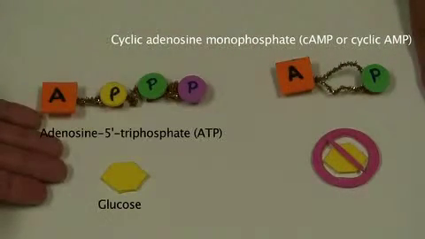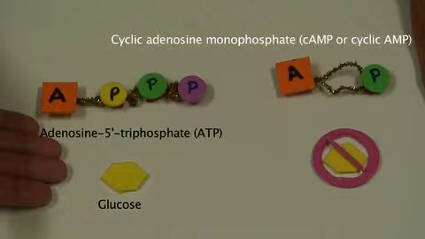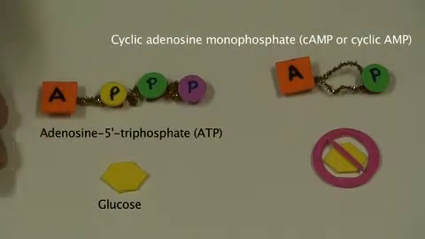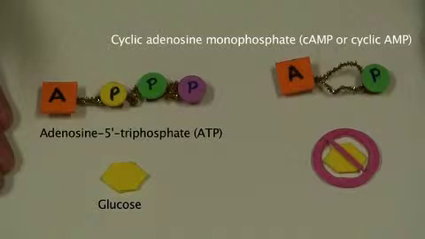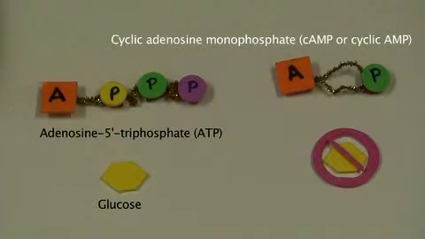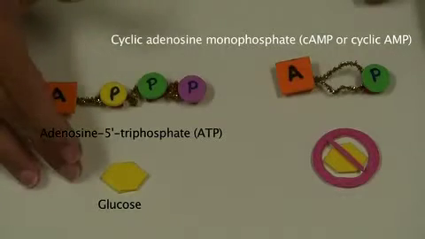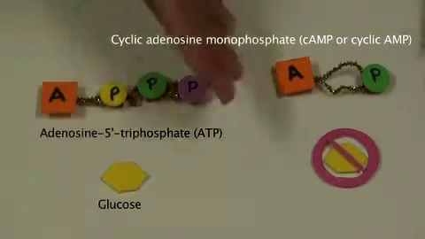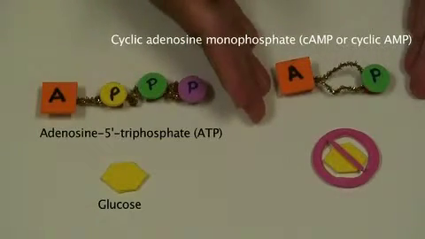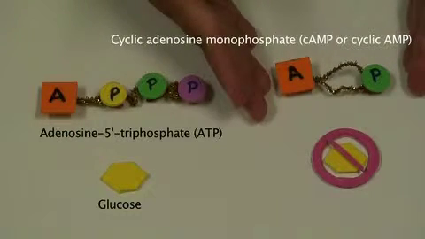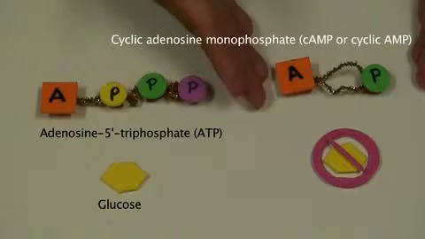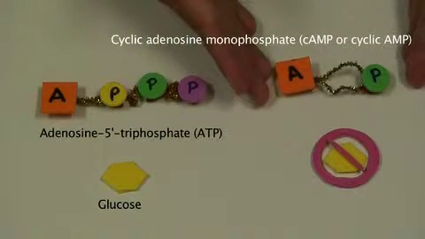When glucose levels are very high, we do not want to be using anything else except glucose. That's what the cell wants to use. But as glucose levels are depleted, then cyclic AMP levels become very high. So there's going to be a lot of cyclic AMP around, and that's what we're going to be talking about.